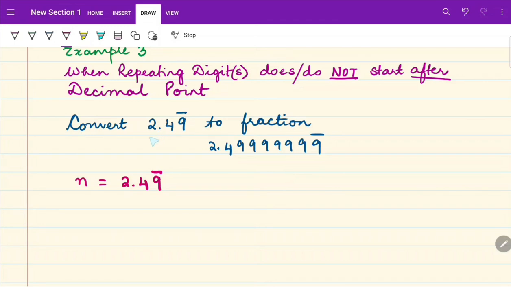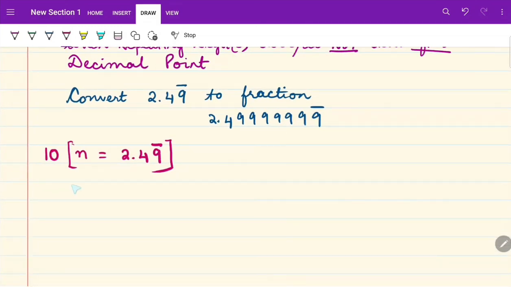The decimal needs to be shifted only one place to the right. So I'm going to multiply this entire equation by 10 and we will get 10n equals 24.9 with a bar above the 9. This is the equation that we will work with from here on.